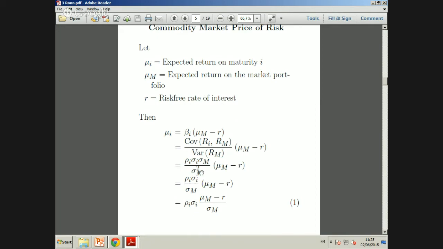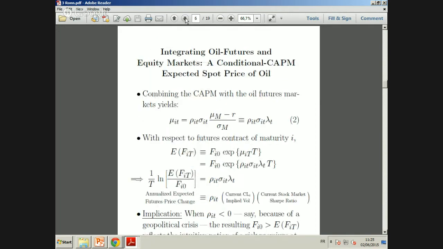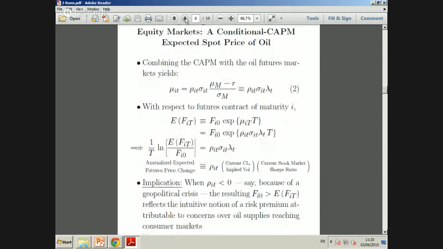And then if you take this equation 1 and plug it in, you get this result over here, that the annualized expected futures price change is proportional to the correlation to which I alluded, the implied volatility, and the Sharpe ratio. And that's really the motivator for the work, to see whether, by parallel to the implied volatility here, which is a forward-looking measure, we can get a forward-looking measure of the correlation, which allows us to explain these kinds of things.